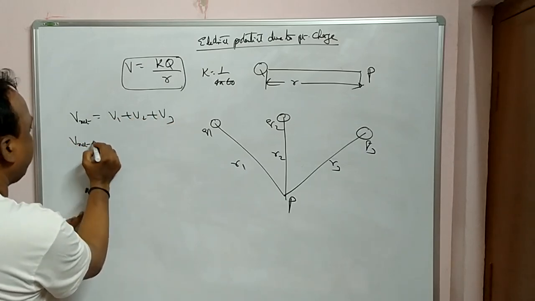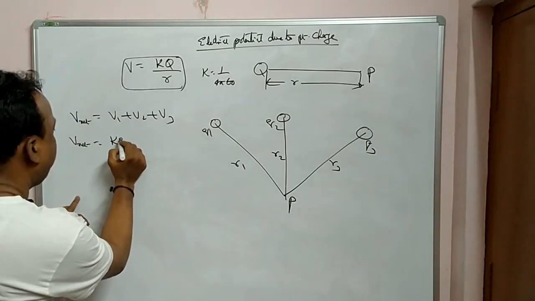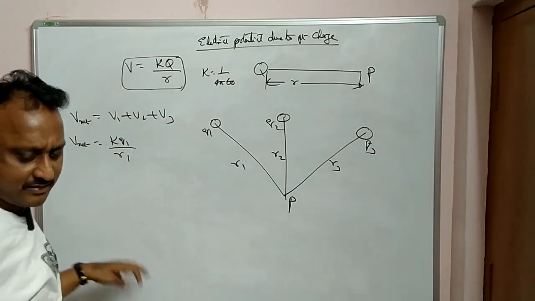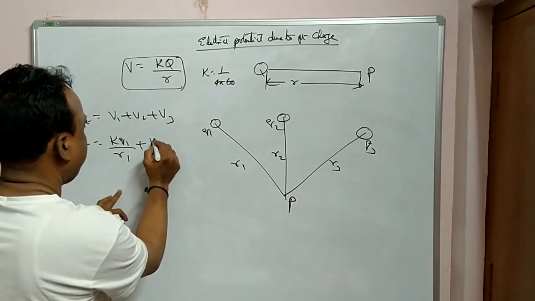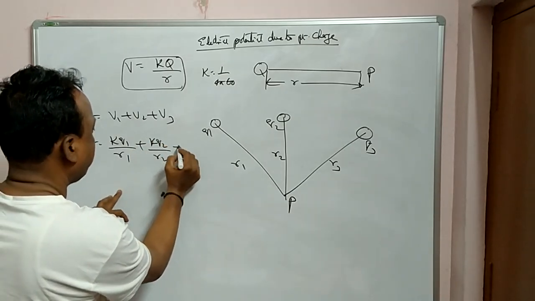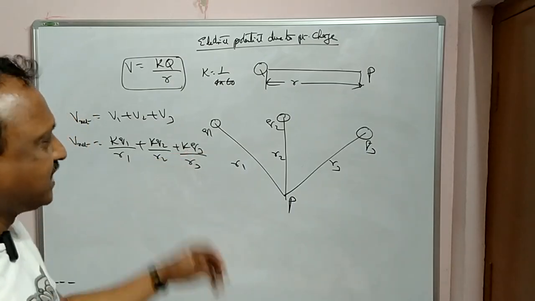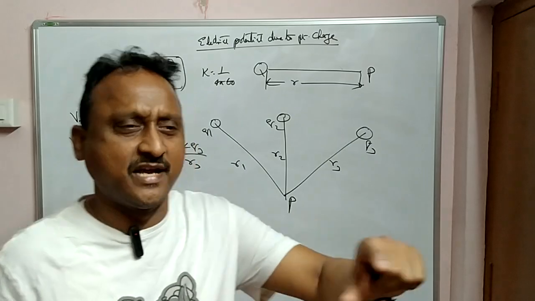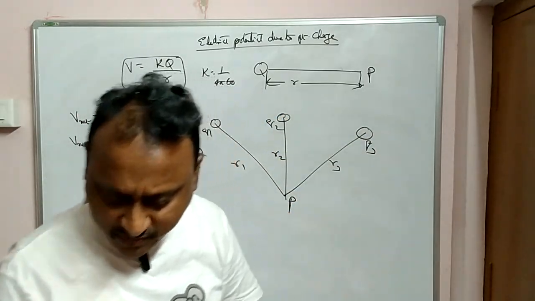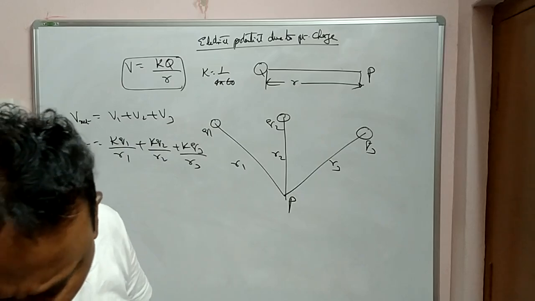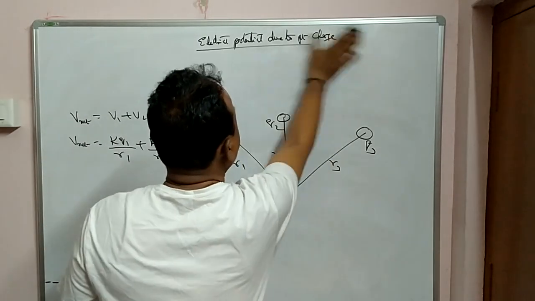So V net is equal to KQ1 by R1, first one, due to the second one KQ2 by R2, and KQ3 by R3. You can apply this formula when a system of charges is given, and the net potential can be calculated by using this formula. Clear? Right.